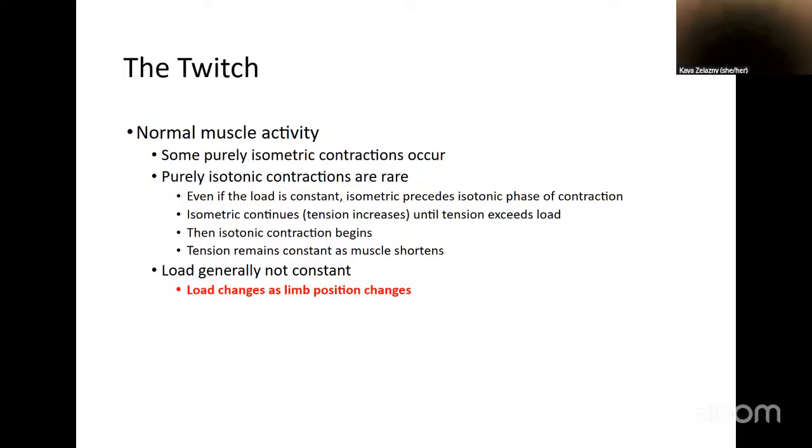Like your load has some mass to it, right? So we usually have to actually build up our tension for a little bit. So we have an isometric part before we hit this amount of tension where we're actually able to move the load. Okay. So usually we have an isometric phase and then an isotonic phase if we're looking at the overall twitch of an isotonic exercise. Okay.